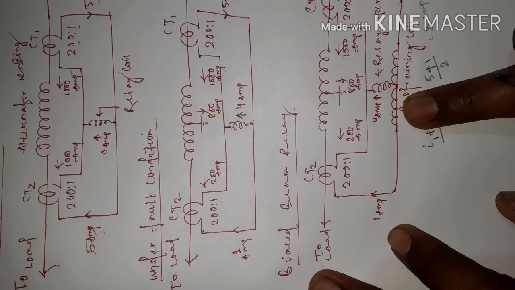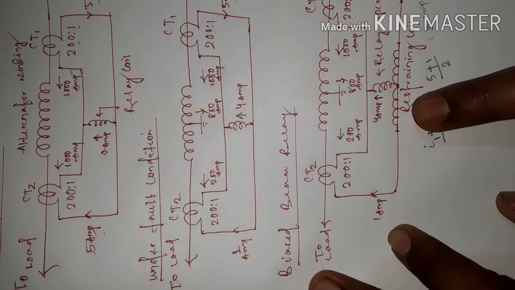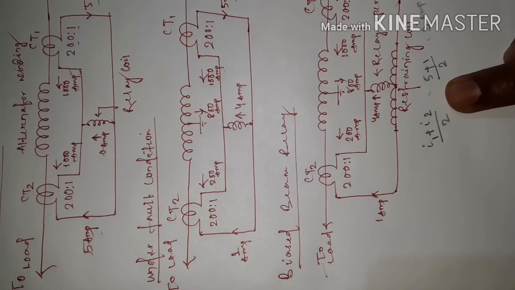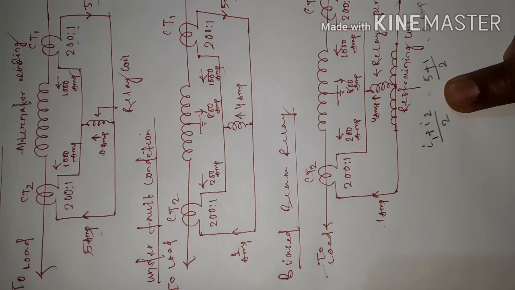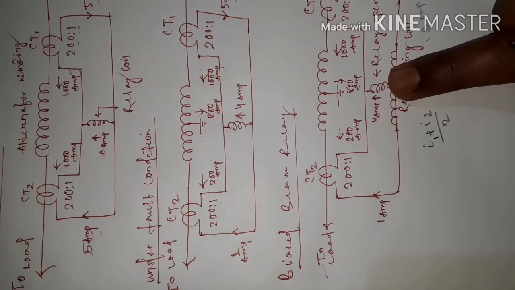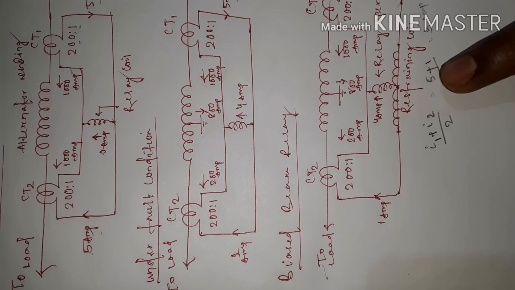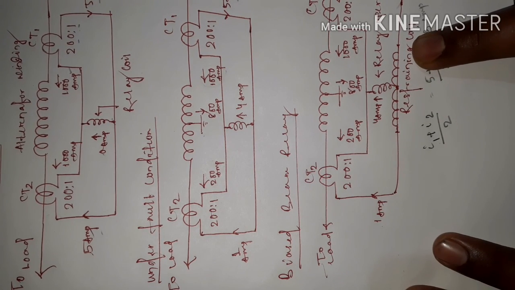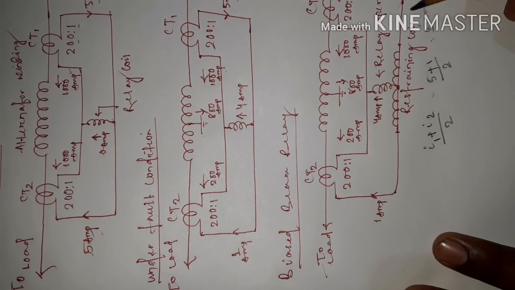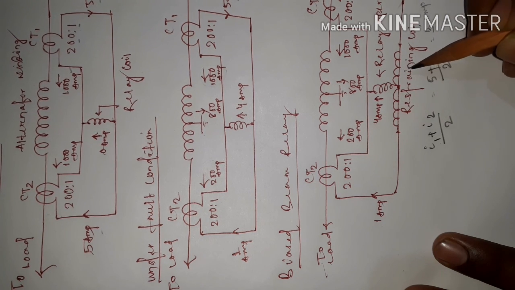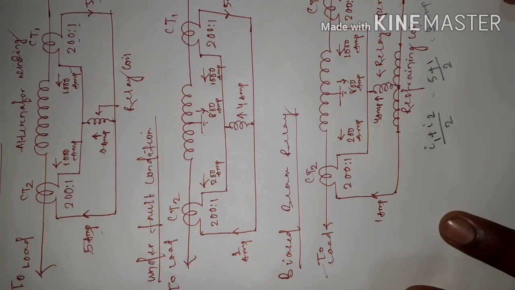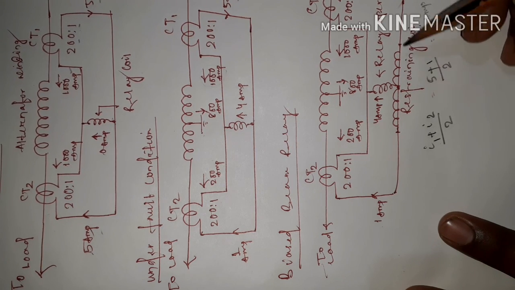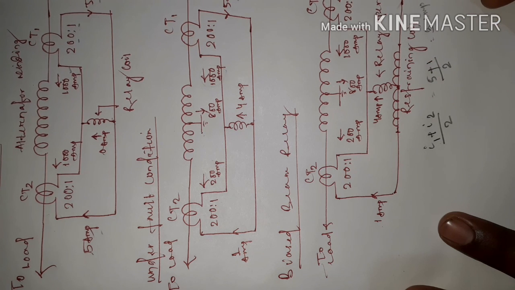In this type of relay, the relay operates only when the current flowing through the relay operating coil is greater than the current flowing through the restraining coil. When the magnitude of current flowing through the restraining coil is less as compared to the current flowing through the relay operating coil, then this relay operates.